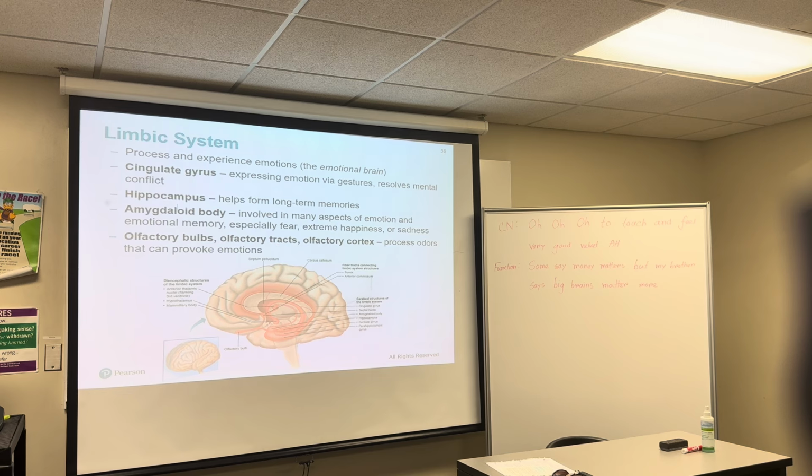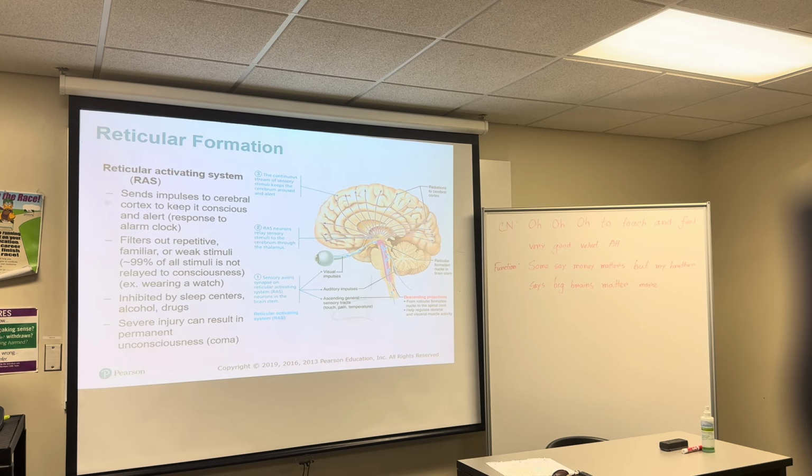After giving birth, the mother's amygdala becomes really large, and they become really alert. Okay. The olfactory bulb, olfactory tract, and olfactory cortex process odors that can provoke emotion. Olfaction, smell.